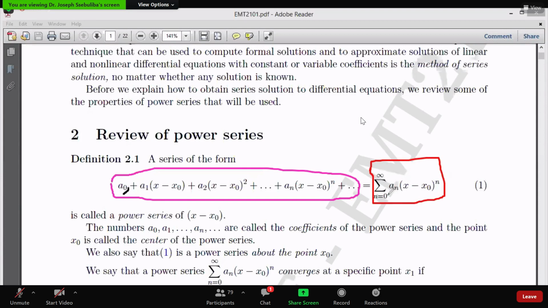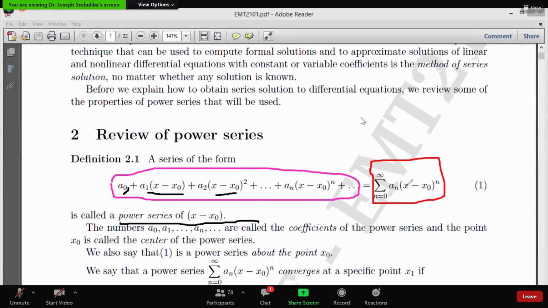Then when you throw in n equal to 1, this will be a subscript 1, so this will be a1 times (x minus x0) to the power 1, which is just a1 (x minus x0), this one here. Then when you take n to be 2, that will give you a2 (x minus x0) squared, which is this term, and this whole thing can go to infinity. So what is in red here is what we call a power series of x minus x0.